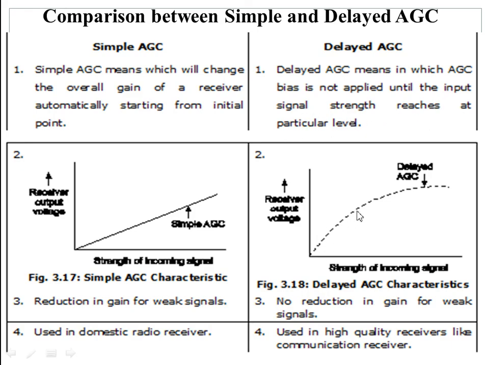After reaching a particular level only, the delayed operation is performed. Simple AGC reduces gain for weak signals. In delayed AGC, there is no reduction in gain for weak signals. Simple AGC is used in domestic radio receivers. Delayed AGC is used in high quality receivers like communication receivers. These are the differences between simple AGC and delayed AGC.